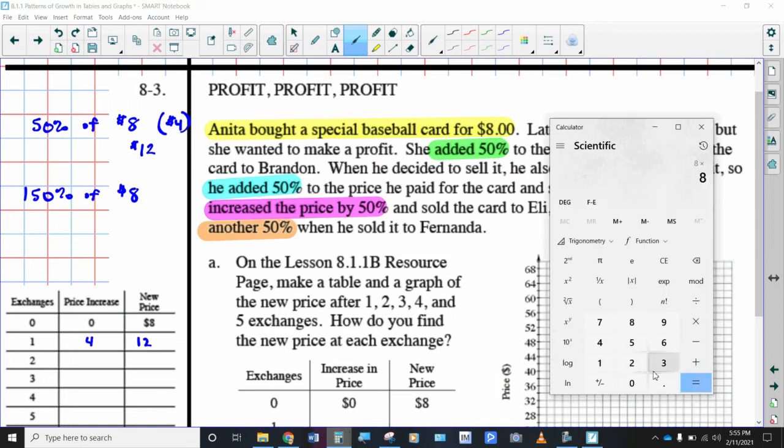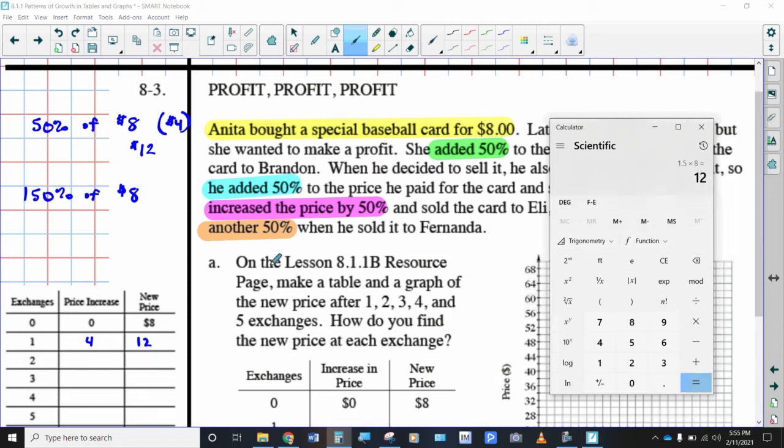Remember, 8 times 0.5 is the $4. That's just the amount of the markup. But if I want to find the new price, if I take 150% and write that in decimal form, that's 1.5, right? 100% is 1, 200% is 2, so 150% has to be between 1 and 2, it's 1.5. Multiply that times the 8, and that should give you the new amount.